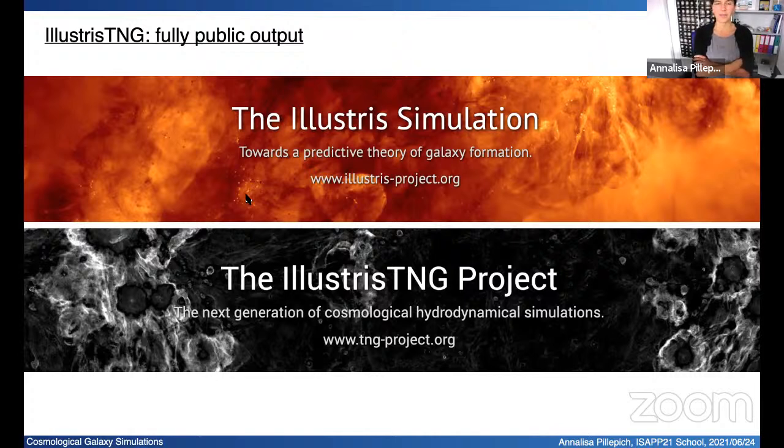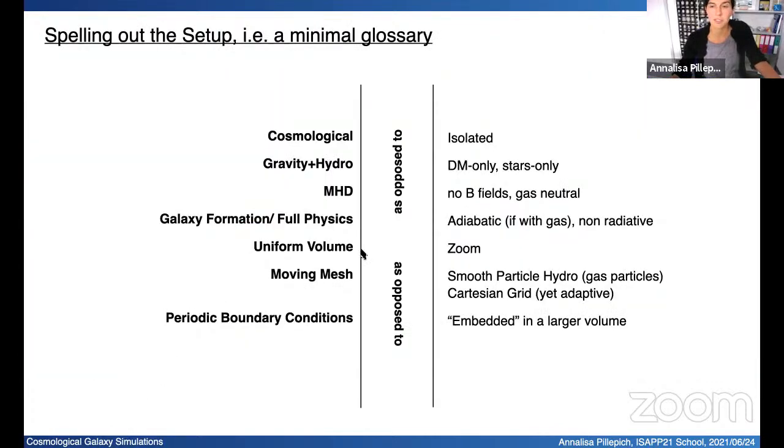Now, after this lecture, you should have an idea of what these simulations are all about, and should have a better idea of the glossary. So IllustrisTNG is an example of cosmological gravity plus hydrodynamics. In fact, a magnetohydrodynamics simulation for galaxy formation in a uniform volume using a moving mesh code over a periodic boundary condition.